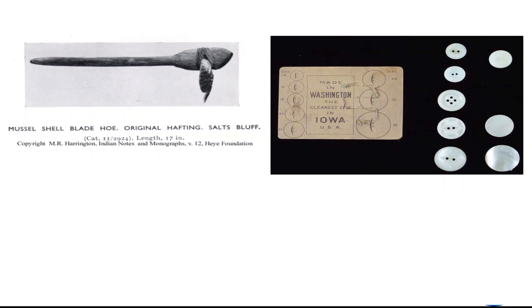That includes tools, and then around the turn of the 1800s to the 1900s, we started to see lots of buttons being produced with the pearly mussels, partially because there was an abundance of these mussels in the United States.